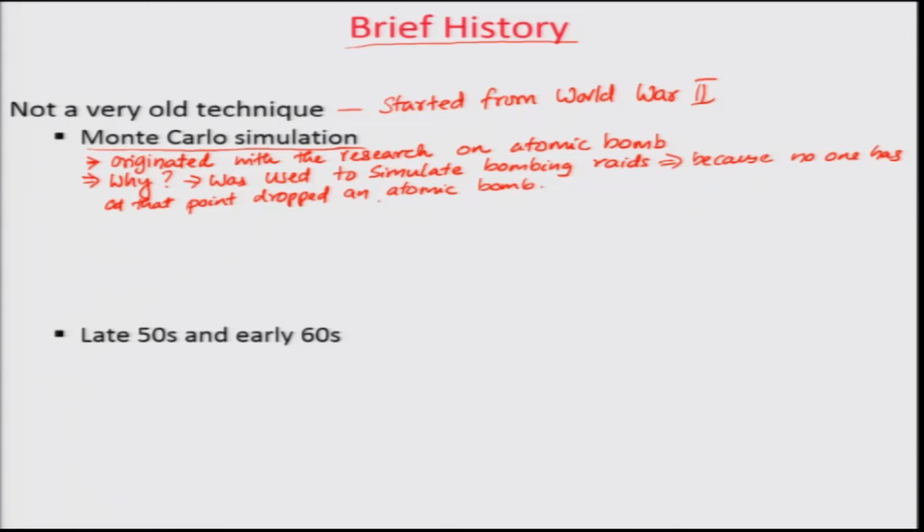So, instead of actually dropping the bomb, the actual drop from aircraft was simulated, due to other hazards. Nobody in their right mind will drop an atomic bomb on their own land because of the radiation and all other things.